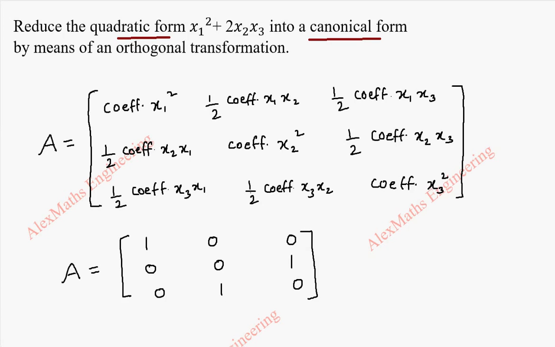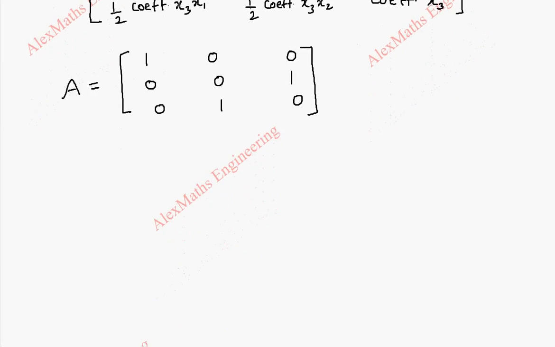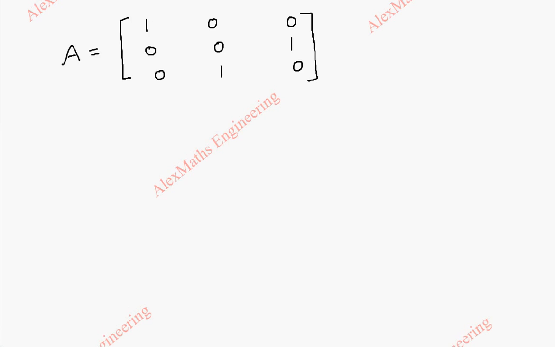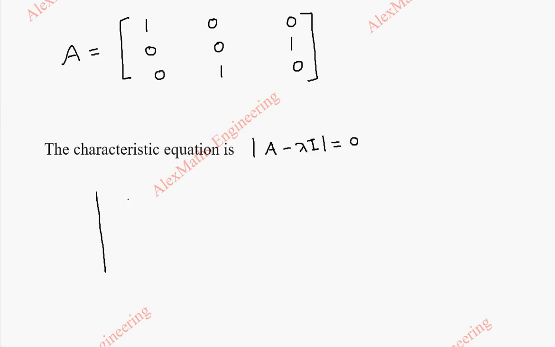Next step, we have to find the eigenvalues by writing the characteristic equation, which is determinant A minus lambda I equal to 0. So we have a determinant which is A minus lambda I, meaning 1 minus lambda, 0, 0, 0, minus lambda, 1, 0, 1 and minus lambda, which is equal to 0.